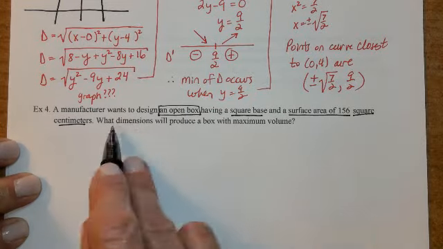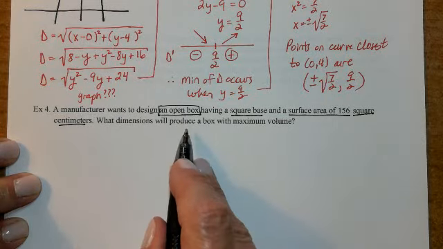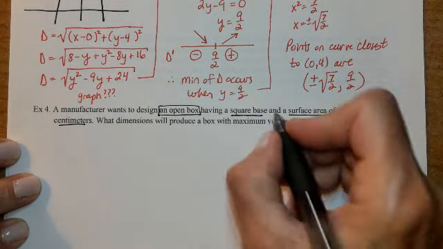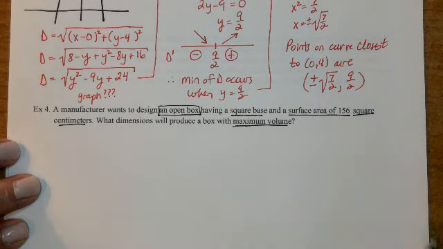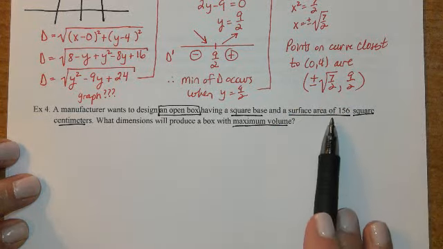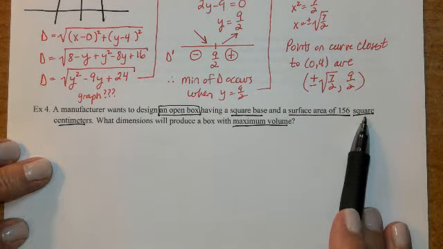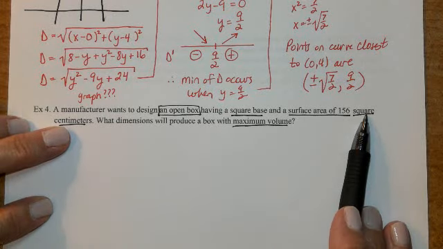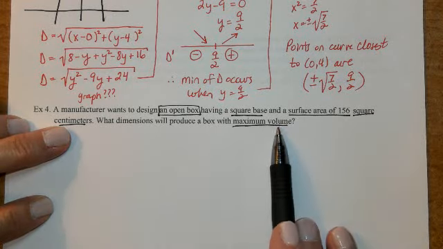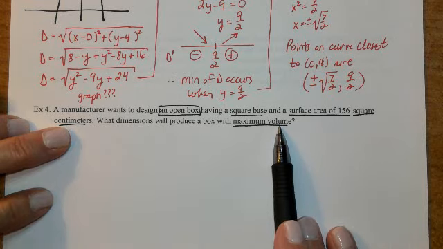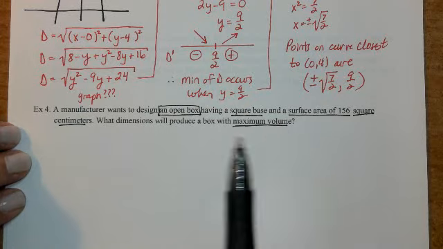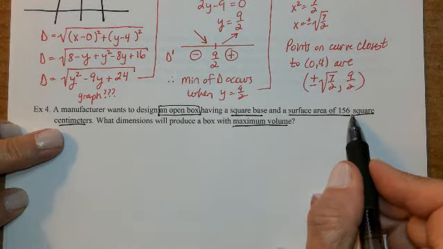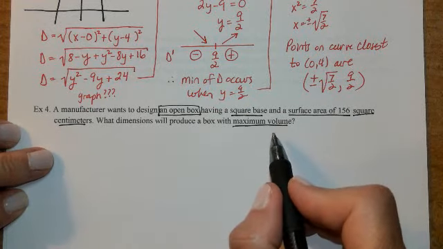And then they ask, what dimensions will produce a box with maximum volume? Sometimes a company might want to restrict the area of the box, but maximize the volume. They want to maximize what can go in, right? So this is a realistic problem. They have restrictions on the area, but they want to maximize the volume.